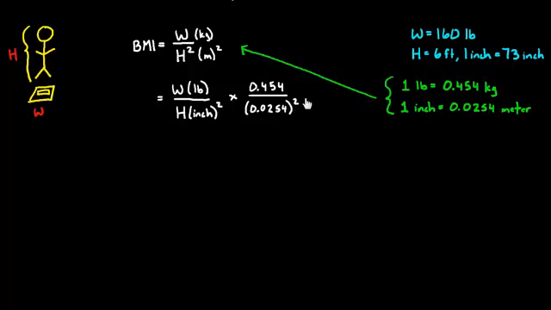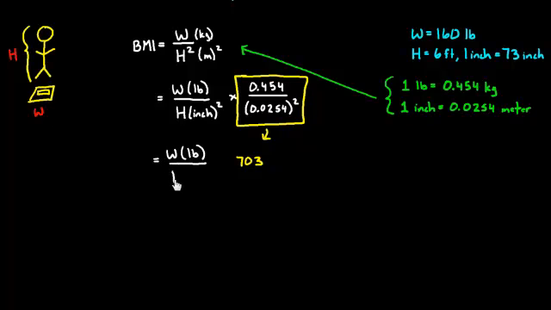And to make it even easier, I can actually take this whole thing, plug it into my calculator, and it gives me the number 703. So I can say, okay, so really what I have here is, again, weight in pounds divided by height in inches squared multiplied by 703.